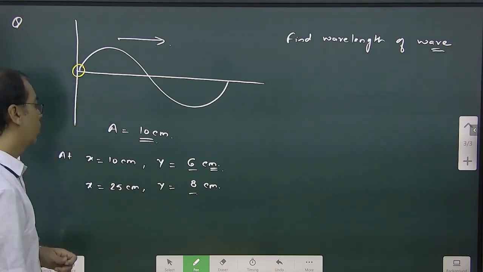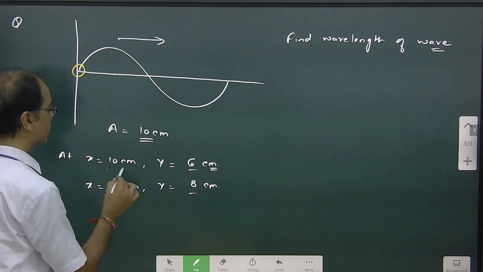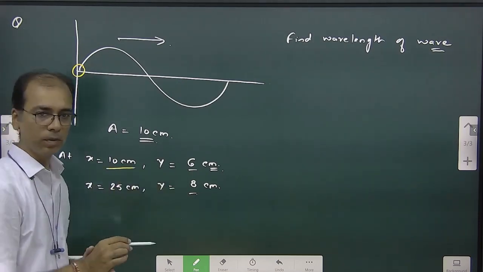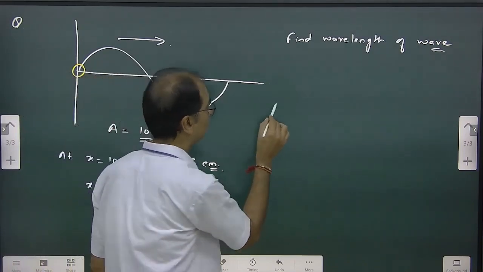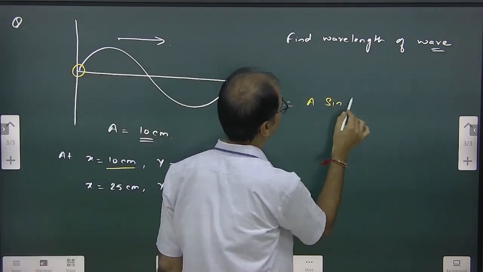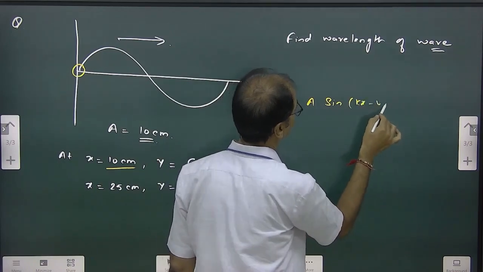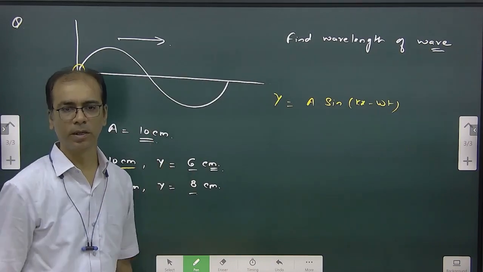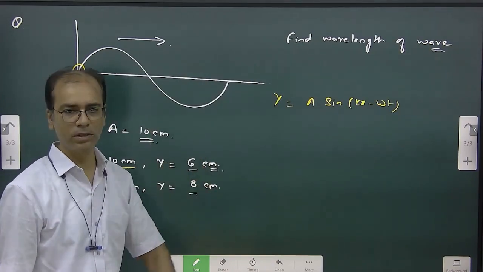Okay. Then what is given? At x, this much, y is this. So first of all, let's write the wave equation. What wave equation we are taking? We are saying, okay, wave equation is a sine kx minus omega t. Seeing the shape of the wave, we are taking it as kx minus omega t, and initial phase we have taken 0.